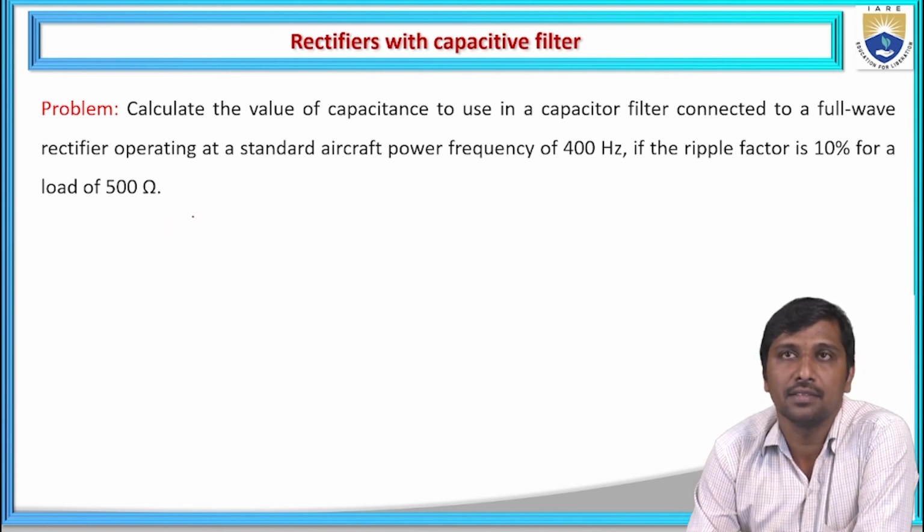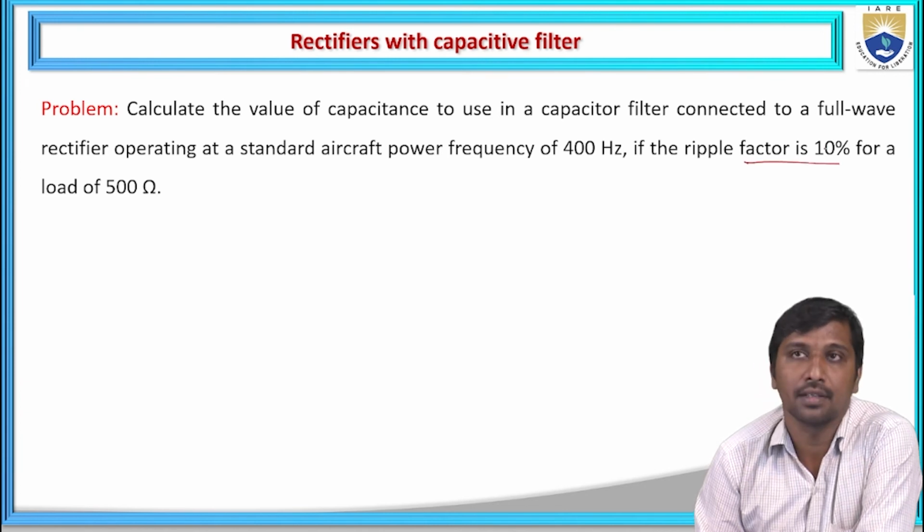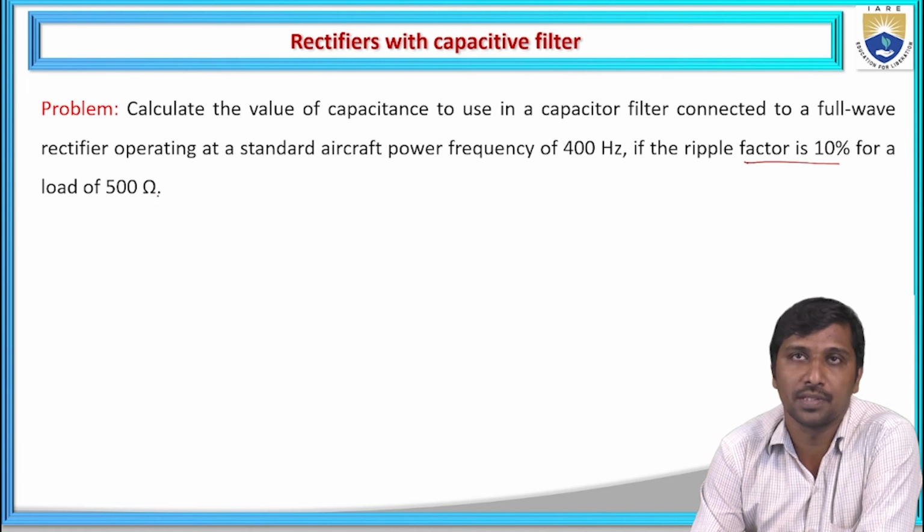So we need to calculate how much capacitance is required to produce this ripple factor of 10% with the given load resistance of 500 ohms.